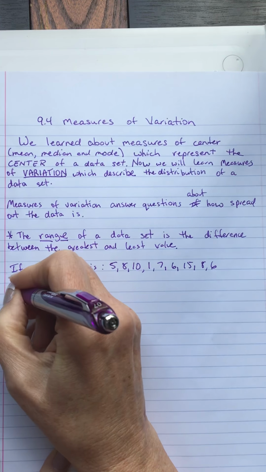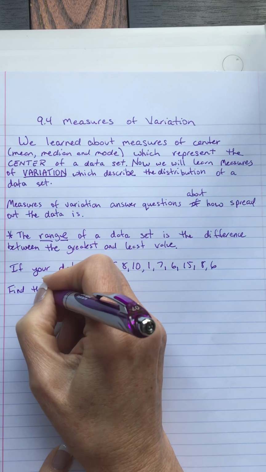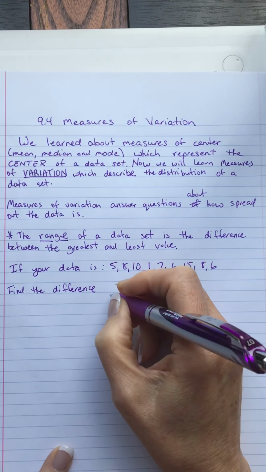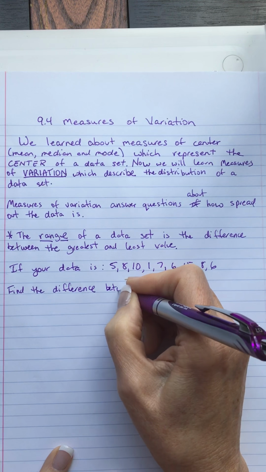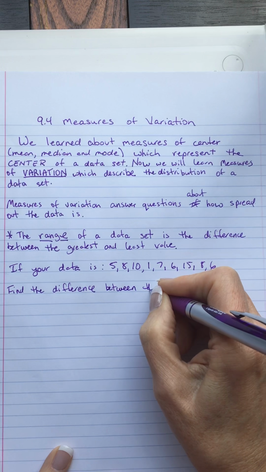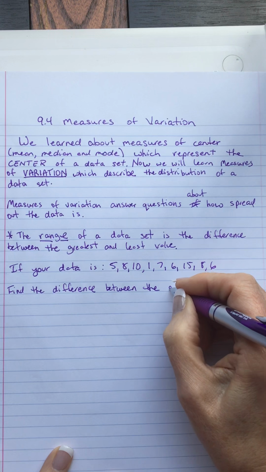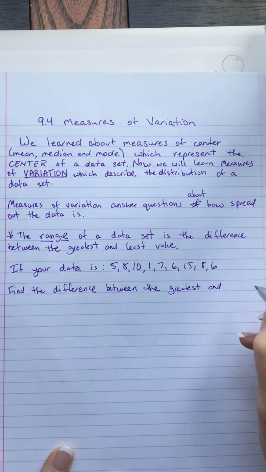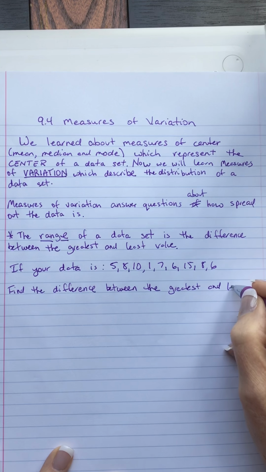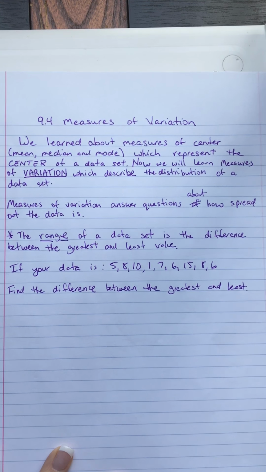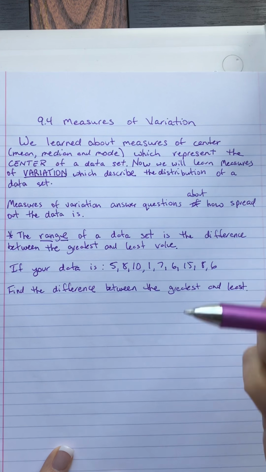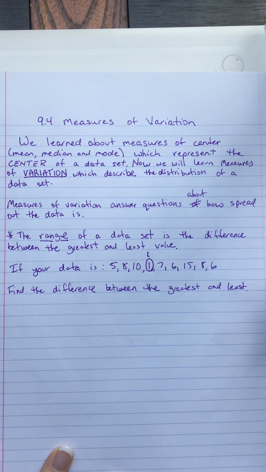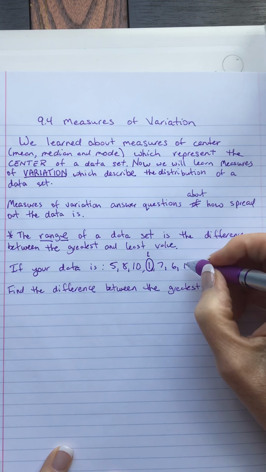You need to find the difference between the greatest and least. Okay, so I'm looking and I don't see anything smaller than 1, so there's our least. And our greatest is going to be 15.